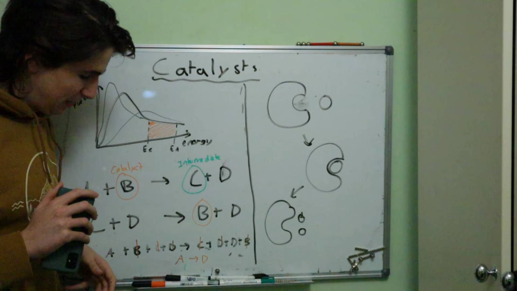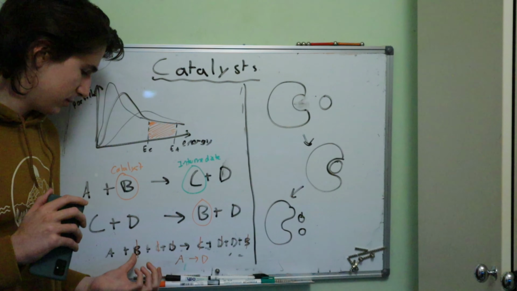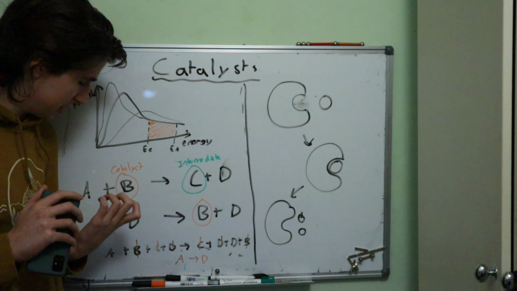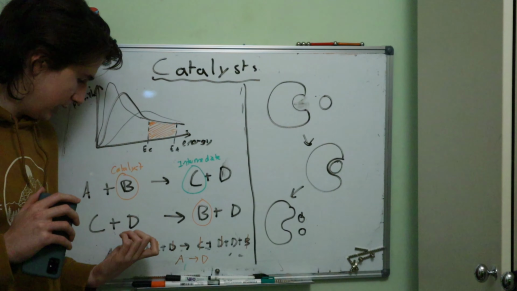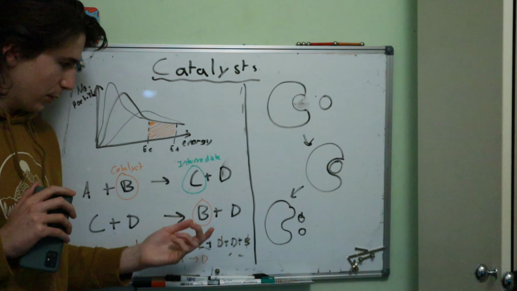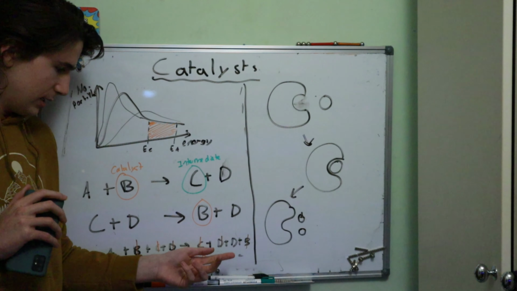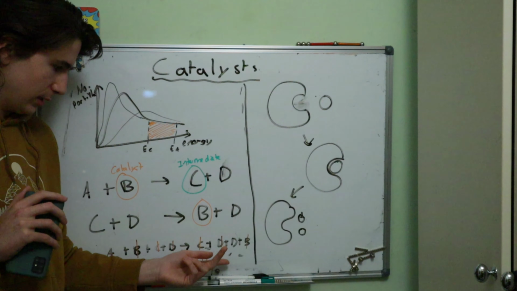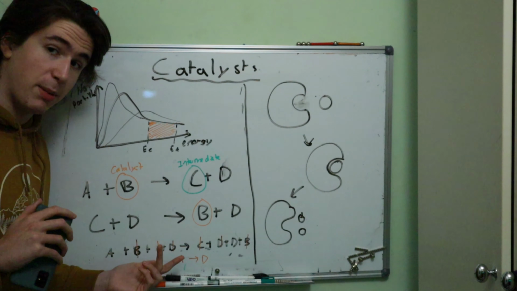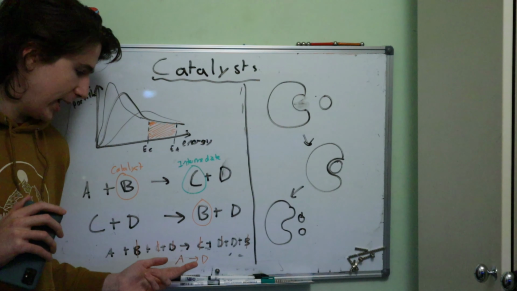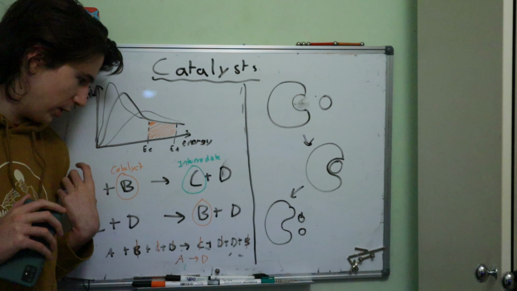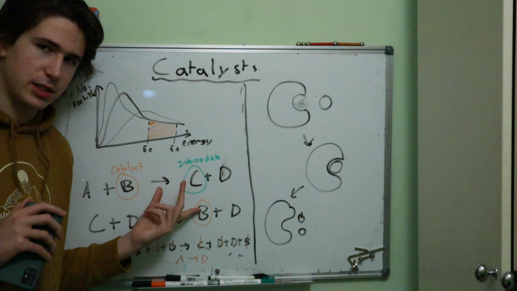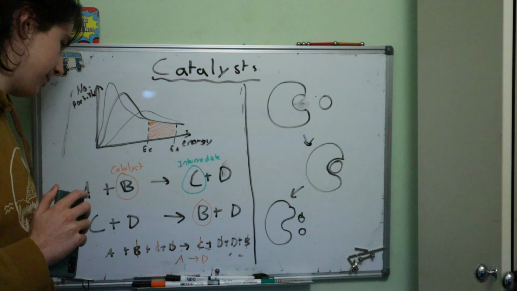And if you want to see mathematically that there's conservation of mass and conservation of energy, you can see that if you add up all of the reactants, A, B, C, and D, then it will go to C, D, B, D. And then if you cross off the things that appear on both sides, then you'll go from A to D, which is what you can see here if we get rid of the catalysts and the intermediates, which we don't really need.